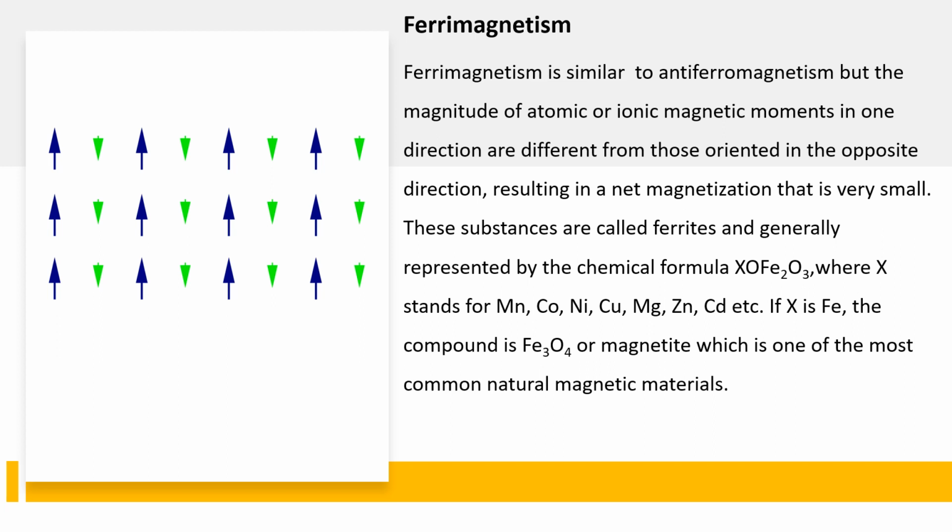In ferrites, the magnetic moments in one direction are different from those oriented in the opposite direction, resulting in a net magnetization which is very small.